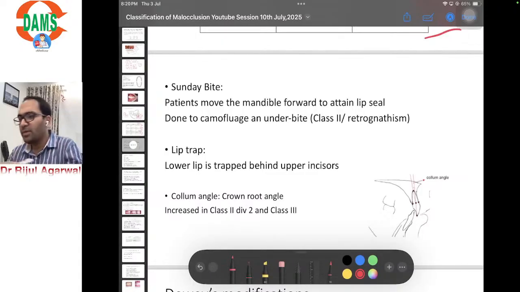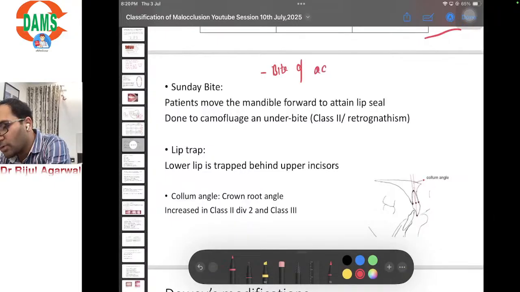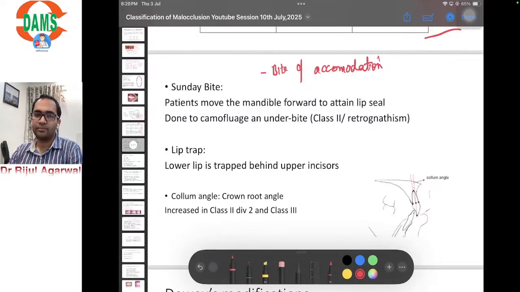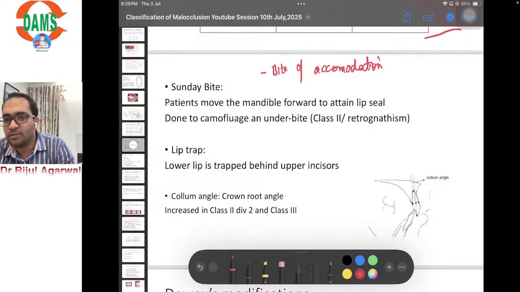Similarly, like Sunday bite, we have another thing known as bite of accommodation. So what is bite of accommodation? In Sunday bite, the patient moves the lower jaw forward to attain the lip seal.